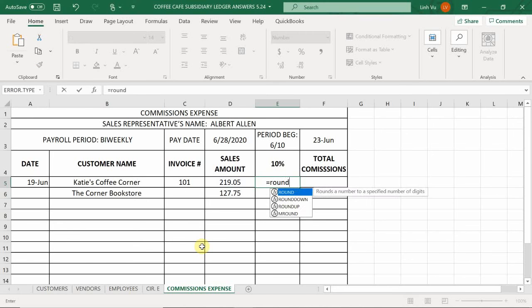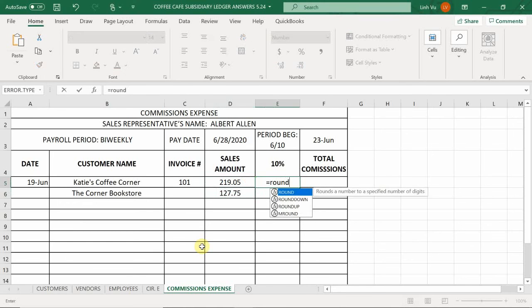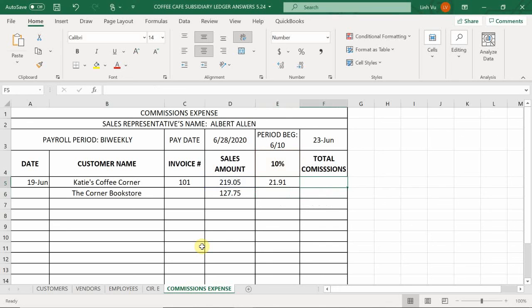Let me do that formula one more time. $21.91. So the total commissions that he's earned so far is $21.91.